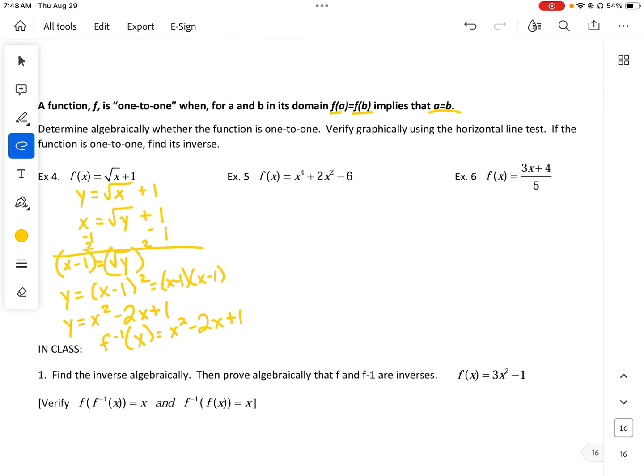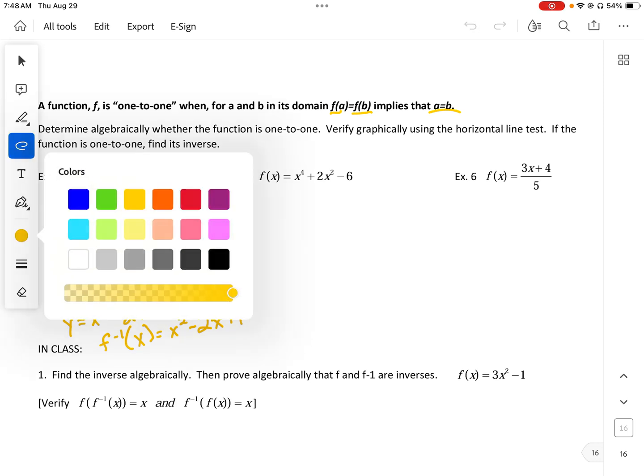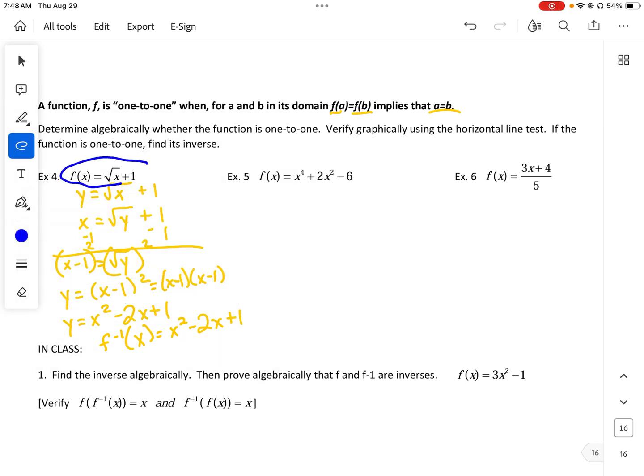So it says determine algebraically whether the function is one-to-one. Verify graphically using the horizontal line test. So we have our functions. So here is our original, and here is our inverse function. So what we need to do is do our graph.